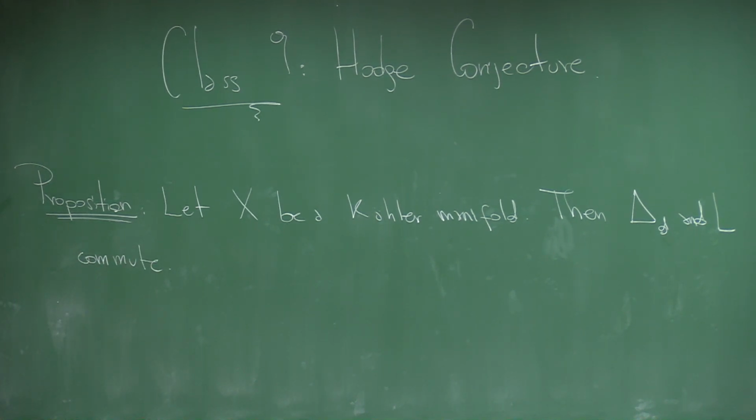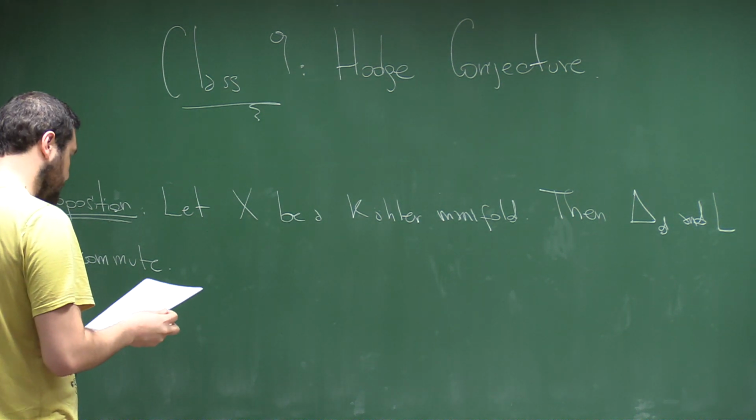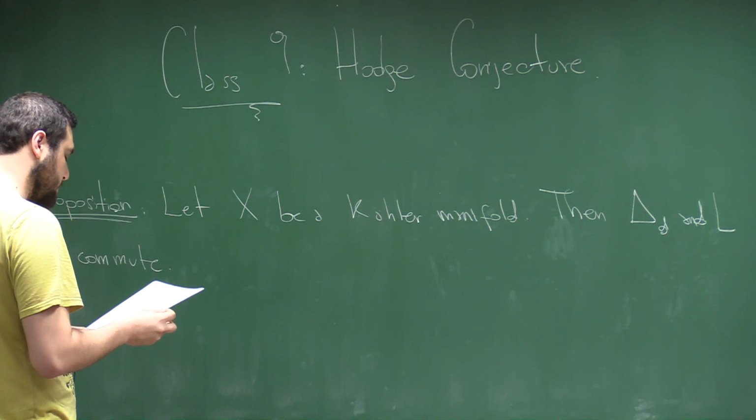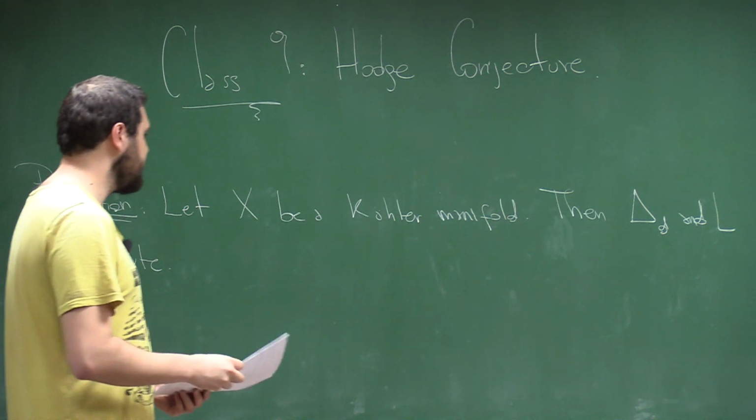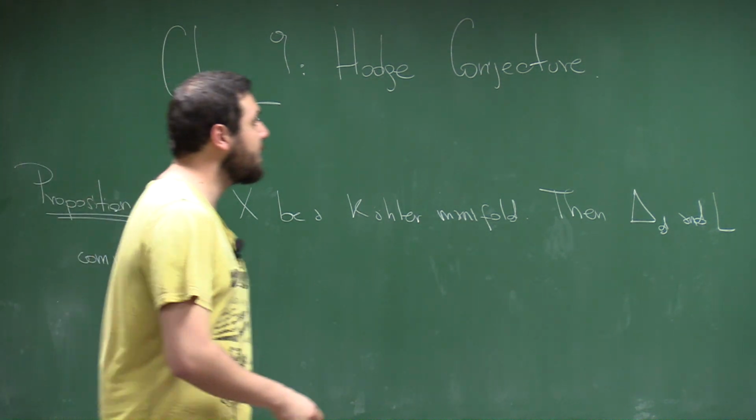Okay, now I will use this other property that I stated in the last class, about the commutator. I won't use it now, I will use it later. Okay, so let's compute it. Proof.